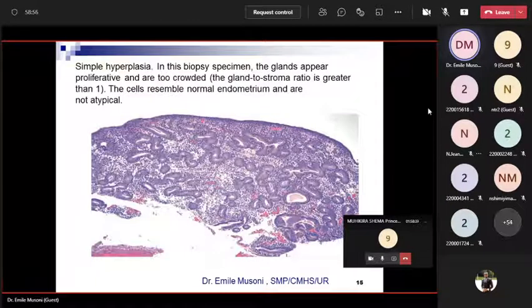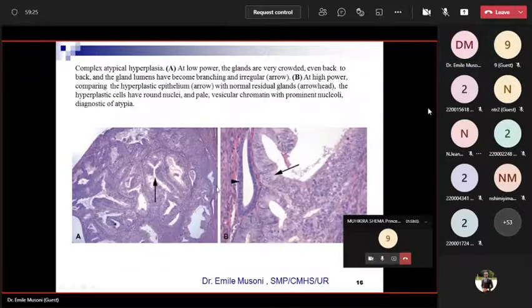This is a simple hyperplasia. To know the hyperplasia, you must know that the ratio of endometrial gland to stroma is greater than 1. You see now we have more endometrial gland than stroma. And also there is an increase of cellularity in the gland. This one is endometrial hyperplasia, but there are no atypical cells.